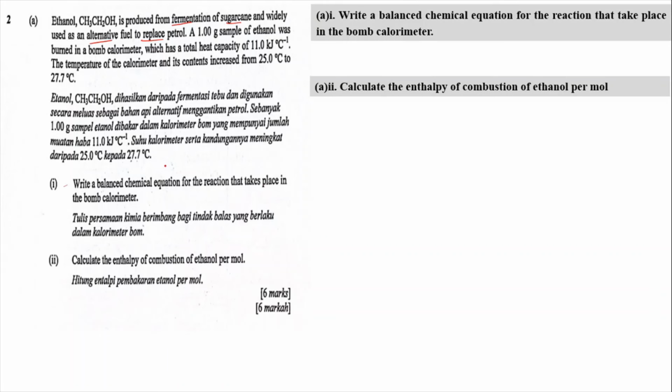Okay, so kita tahu kita ada ethanol, which is CH3CH2OH, and then the phase here is important, where the phase of ethanol, which is alcohol, adalah dalam bentuk liquid, and then it's going to burn in excess oxygen, okay, in gas, and this is going to produce carbon dioxide gas and water, okay, which is in terms of liquid.